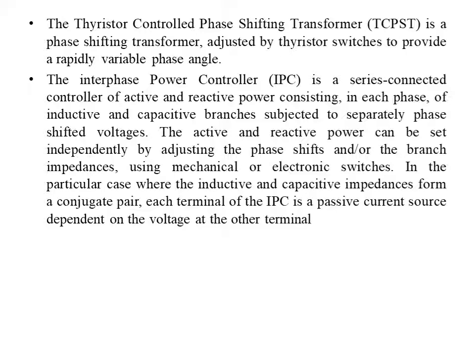The active and reactive power can be set independently by adjusting the phase shifts and/or the branch impedances using mechanical or electronic switches. In the particular case where inductive and capacitive impedances form conjugate pairs, each terminal of the IPC is a passive current source dependent on the voltage at the other terminal.